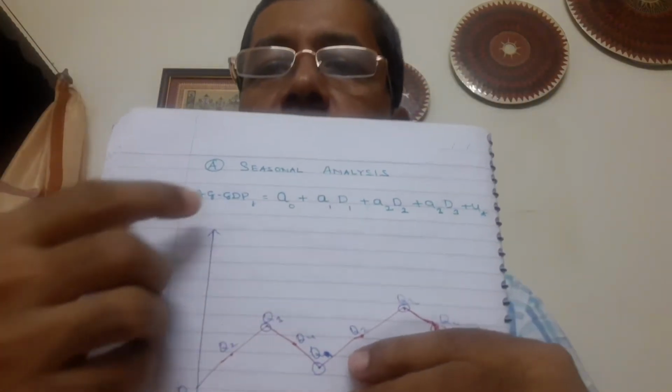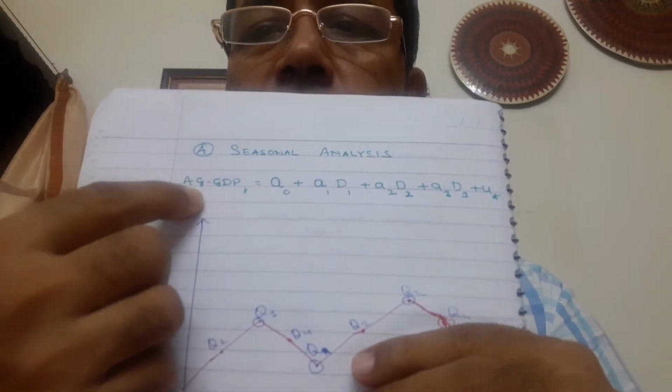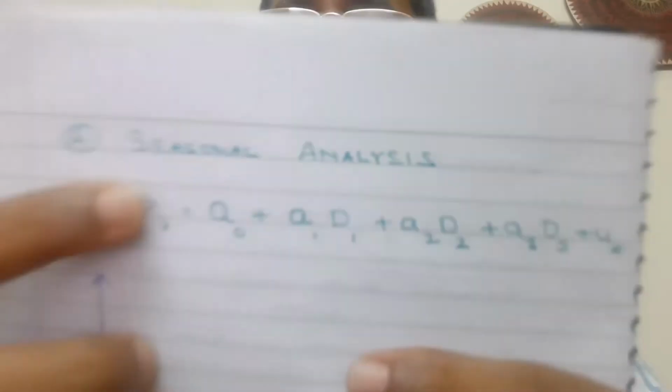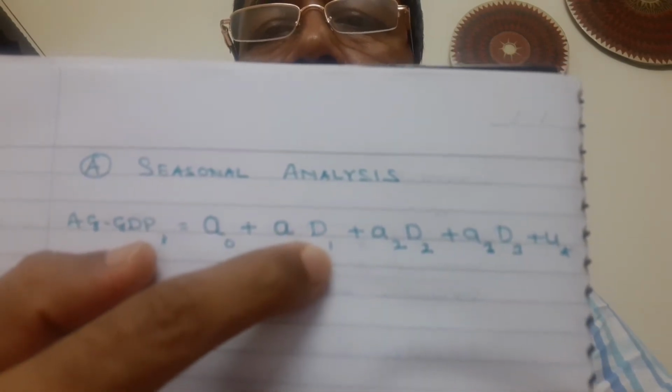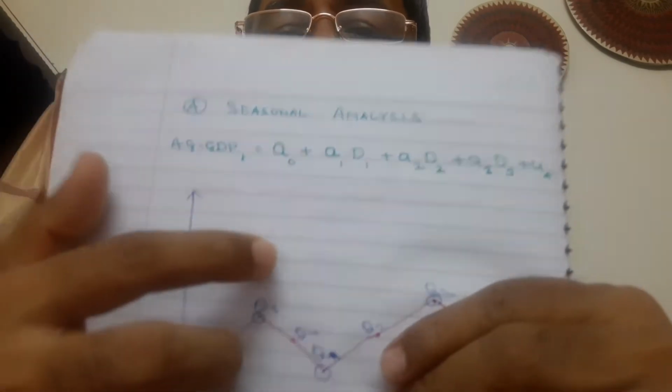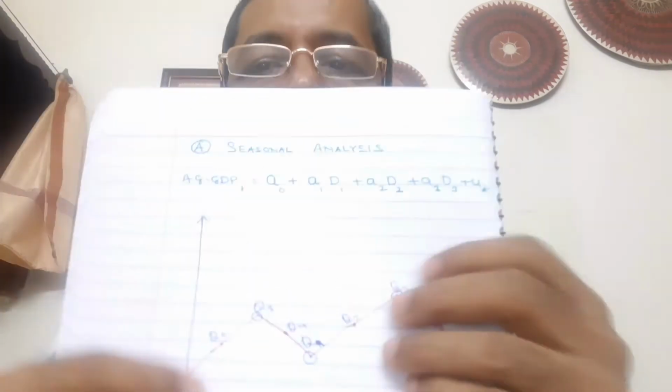Here this is the quarterly data for agricultural GDP. A0 is the intercept, and D1 is a dummy variable which takes value 1 for the second quarter, and it takes value 0 otherwise.